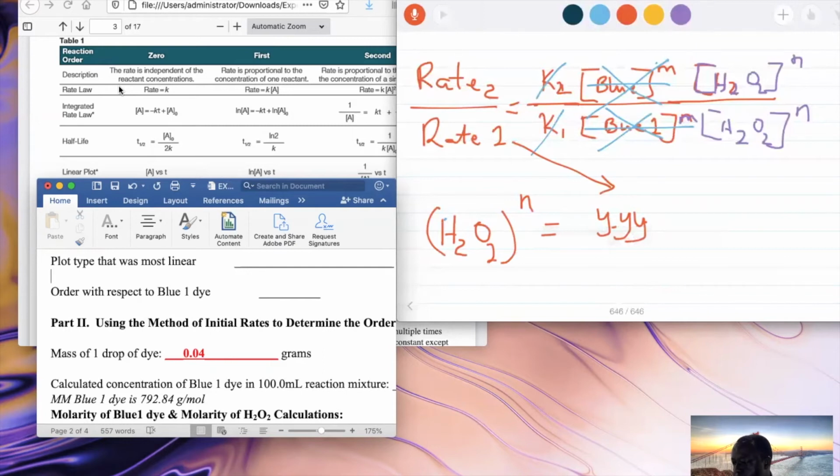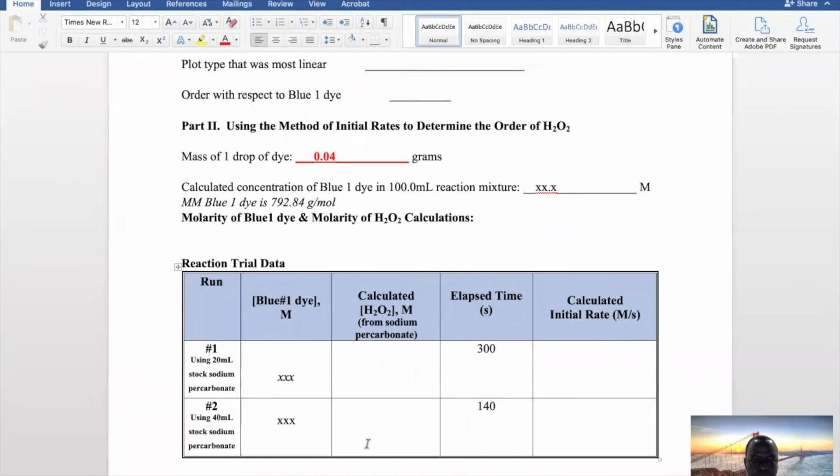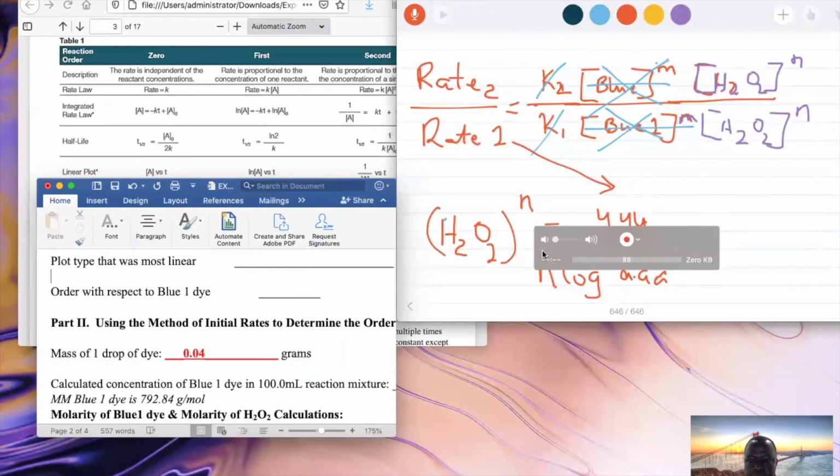You do the log and say N log of, when you divide the concentration of trial 2 over trial 1, just making up some numbers, where are those numbers? You will have them here, the concentration for run 2 and the concentration for run 1. You'll have actual values in there. So when you plug those actual values in here, you'll get one value.